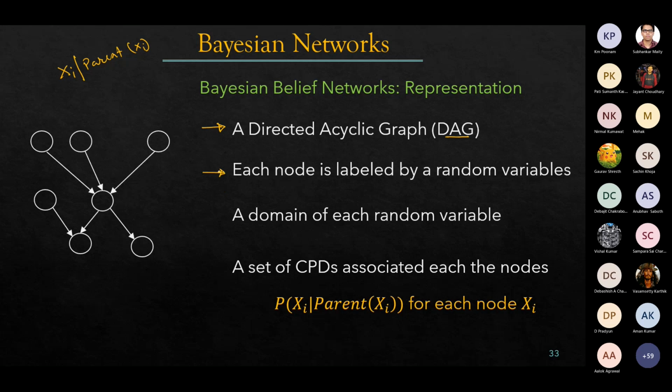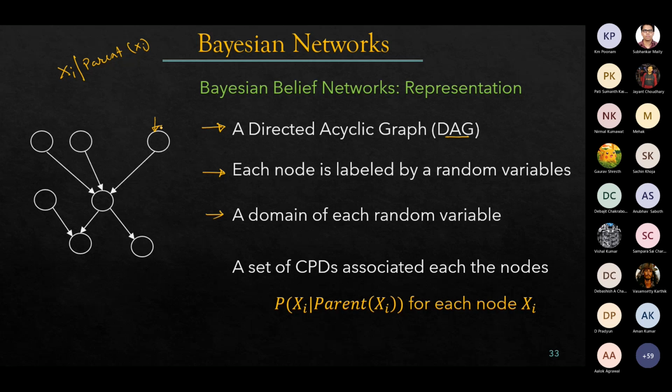The second property is that each node is labeled by a random variable that we have already discussed. And of course, each variable has a domain. If we are talking about, say, tooth cavity, they will belong to a binary domain. But if the random variable represents the roll of a dice, then the domain would be values from 1 to 6.